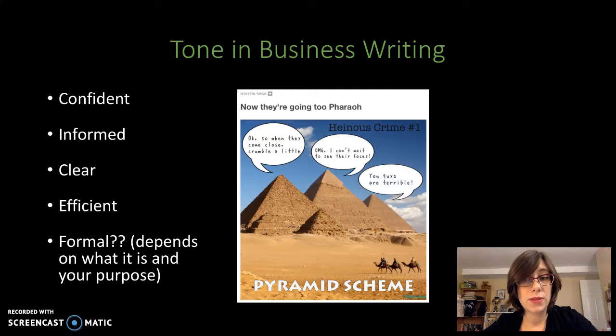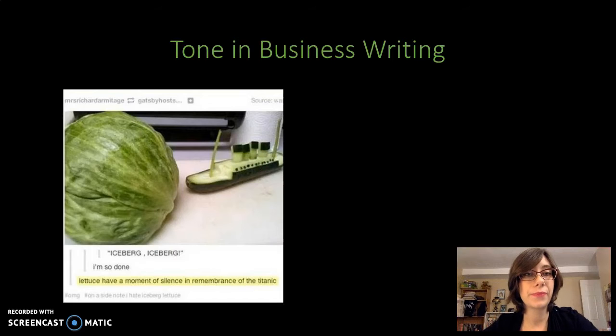And oftentimes, your level of formality in business writing will depend on who you're writing to and for what purpose. So email is a little bit more informal, even though this is a formal email you're writing. Letters are much more formal. Memos are somewhere in between. Okay.